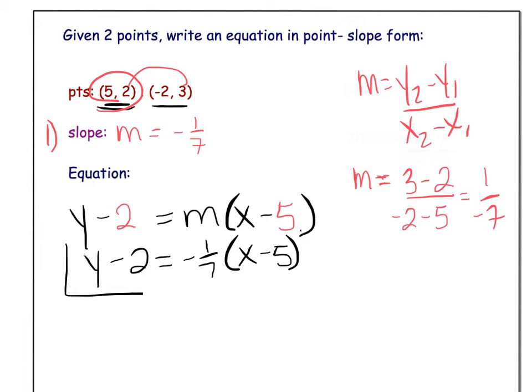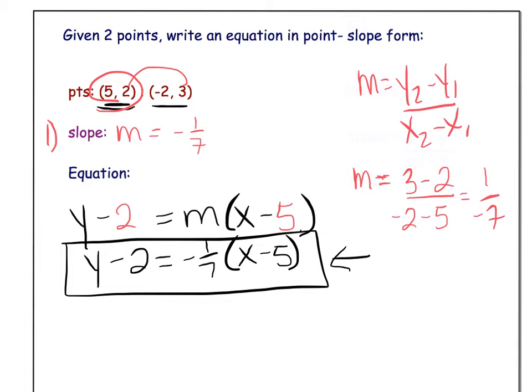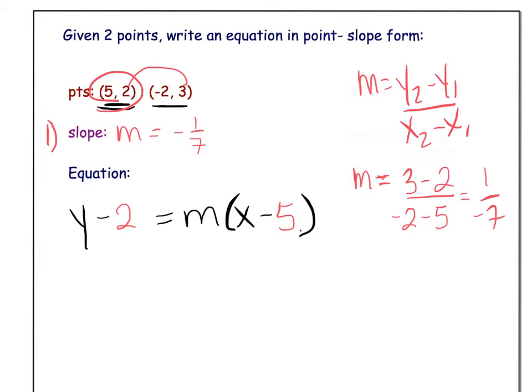And you're done. There's no need to rearrange that into slope-intercept form unless you're specifically asked to. This is its very own legitimate equation for a line. So let's give it all the credit it's due and leave it in point-slope form.